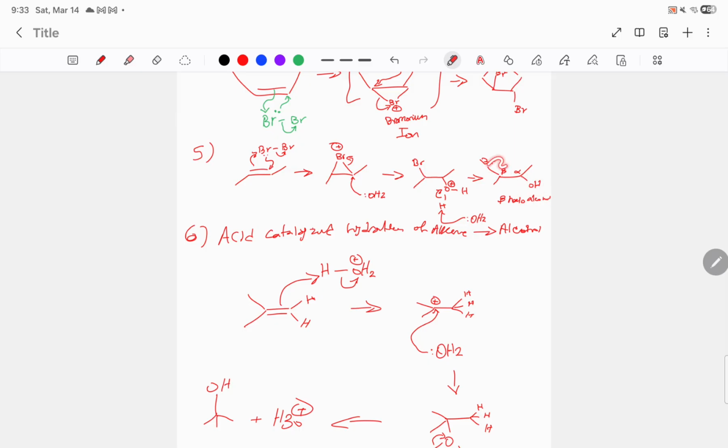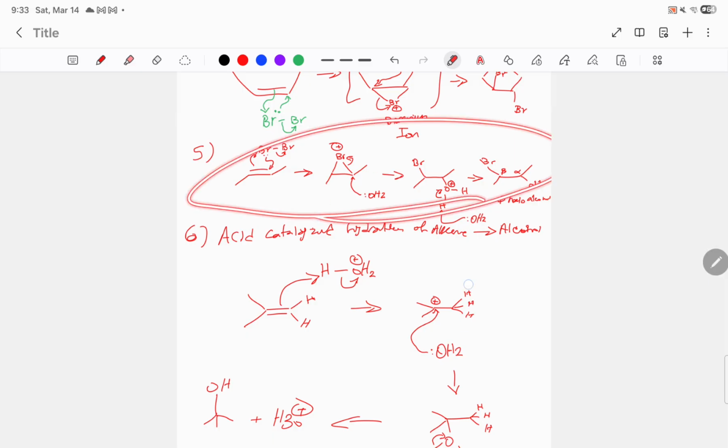One of them might have this configuration and the other might have this, or it could be this or this. But either way, this is the case because they add from opposite sides, right? This has to open the ring from this side, and this adds on this side. And so they definitely are anti to one another. And because of that, it's a trans.